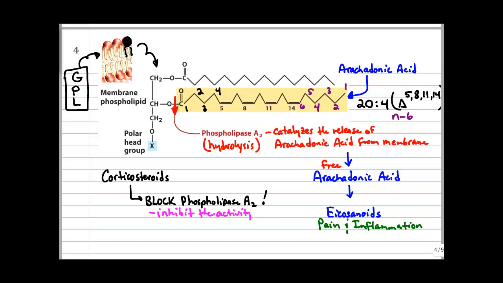And if phospholipase A2 doesn't work, then arachidonic acid is not released. So I call this a detail train. Let's get on the detail train. Get off the struggle bus and get on the detail train is what I like to say. If you block phospholipase A2, what's next? You do not release arachidonic acid from the membrane.